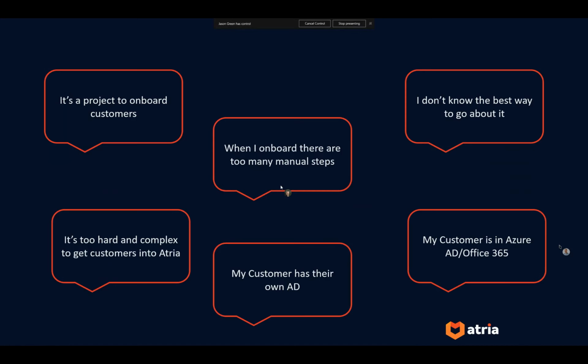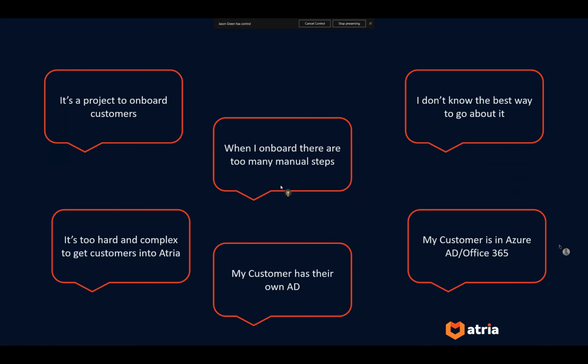We've also started hearing, now that we've moved into managing dedicated or single tenant Active Directories, customers that have their own Active Directory rather than just shared or multi-tenant ones, that onboarding dedicated Active Directories is onerous, and it can feel quite complex. So how can I do that more effectively?